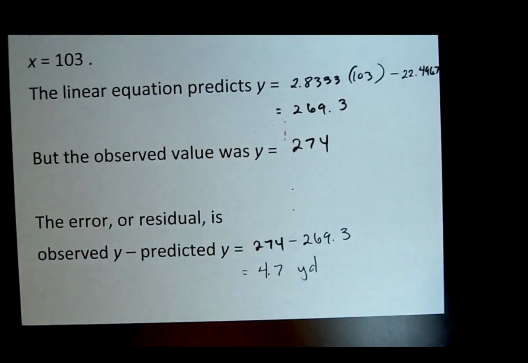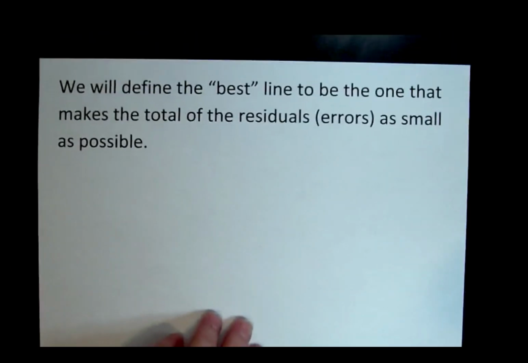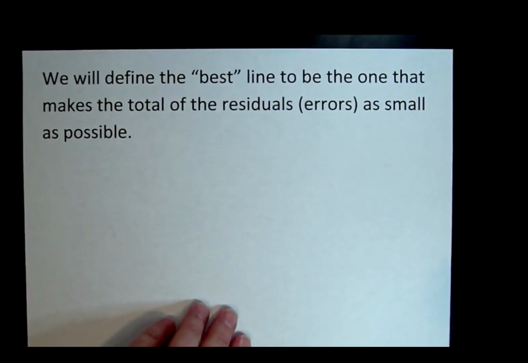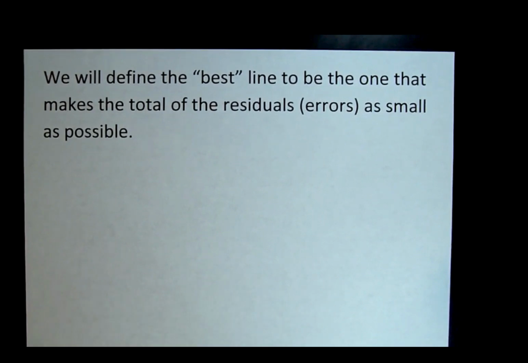So first of all, what's this best line that I'm looking for? Well, it makes sense to have that be the one that makes the total of the residuals, errors, differences between the prediction and the observations, as small as possible.